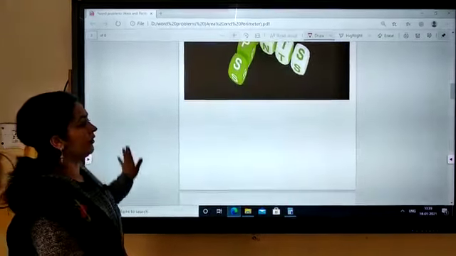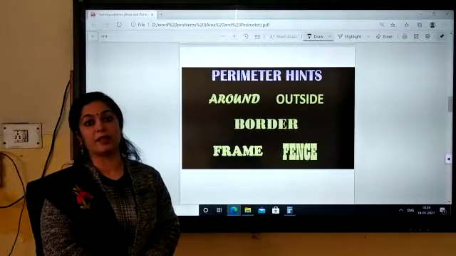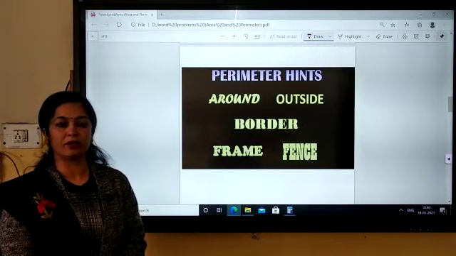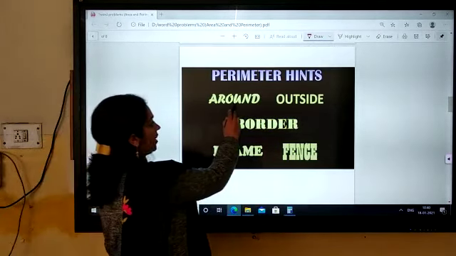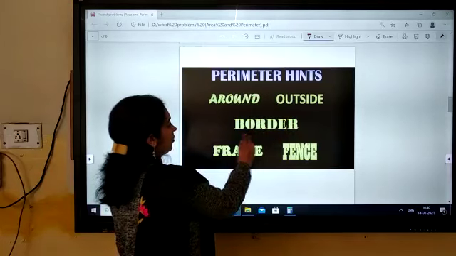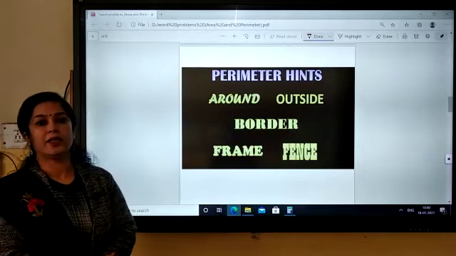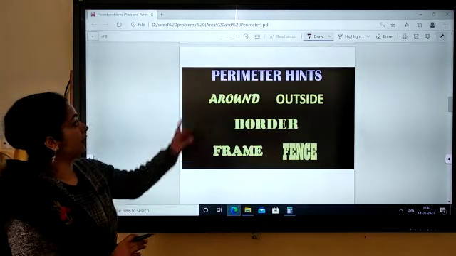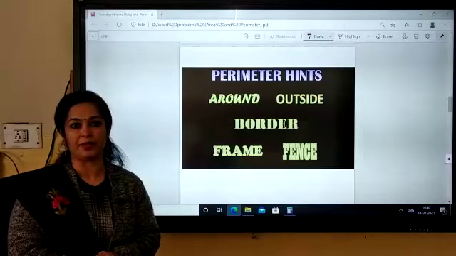First of all, we will discuss perimeter hints. Means if in a particular word problem you see the words like around, outside, border, frame or fence, then you will solve the given word problem and you will find out the perimeter.